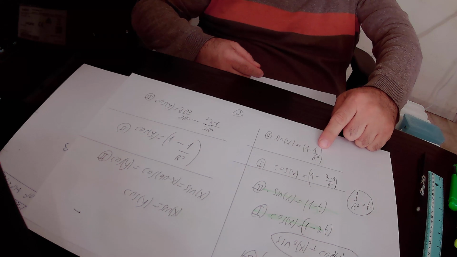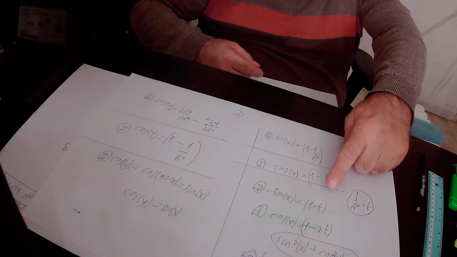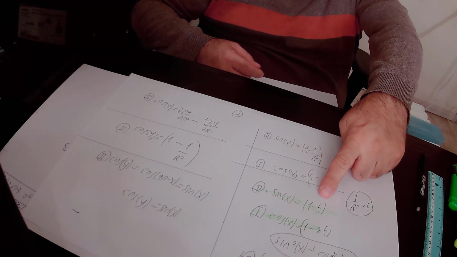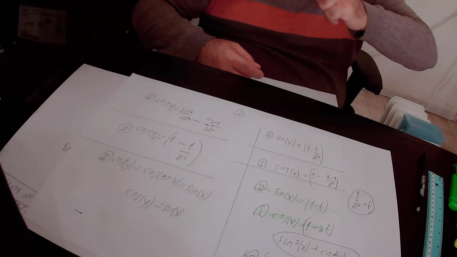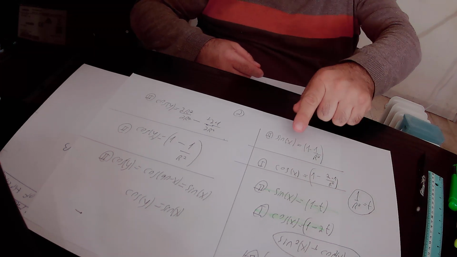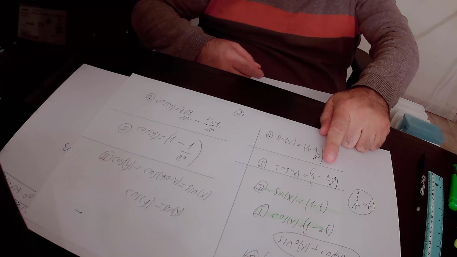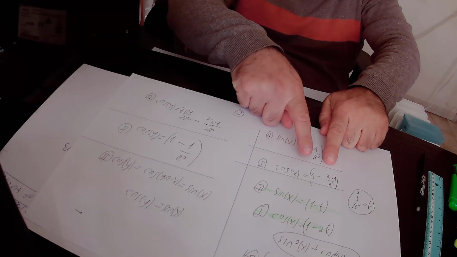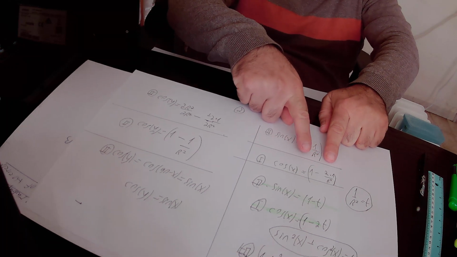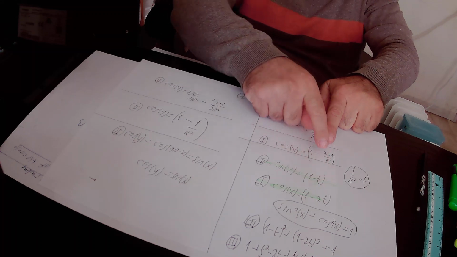So we substituted 1 over r squared in this equation by t. And then according to equation number 1, we have cosine x equals 1 minus 2 times 1 over r squared. And 1 over r squared is t, so we substitute 1 over r squared by t. And finally we found out that cosine x equals 1 minus 2t.